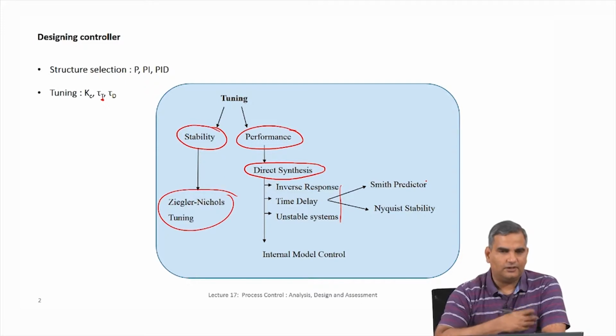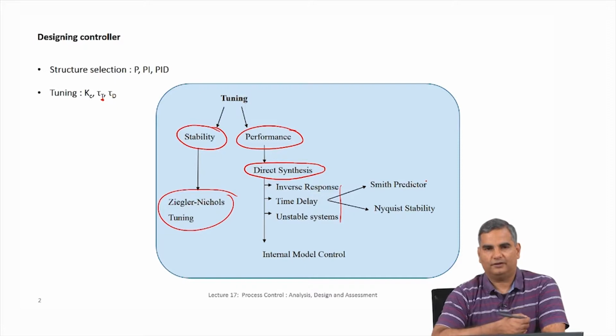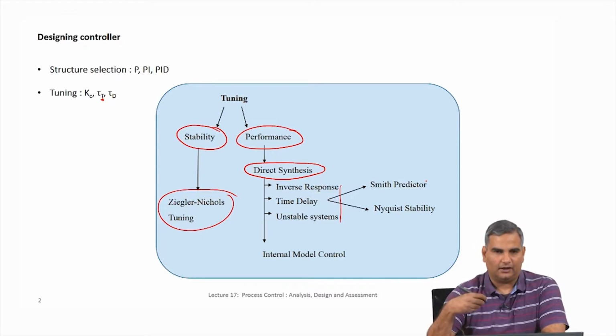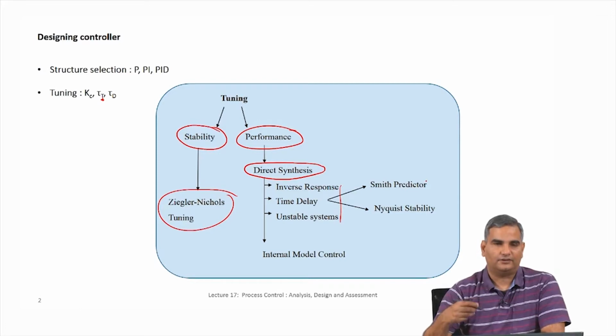And in the stability based tuning, the way you account for these is to simply say, okay, let me back off a little, and for every step I back off, I lose a little bit of performance, but my stability in the face of disturbances and model uncertainty keeps getting better and better.